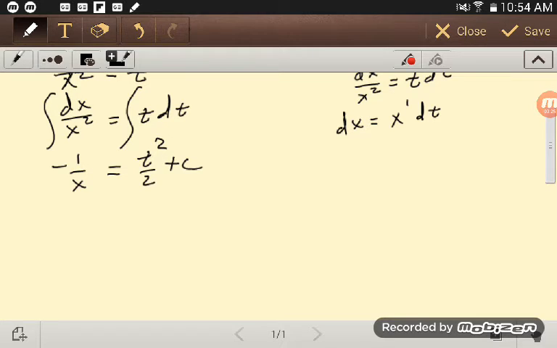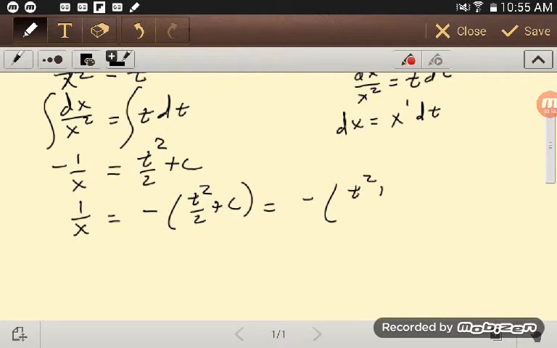So now what I want to do is try to solve for x. Well, the first part is I can move the negative, so I have 1 over x is minus this t squared over 2 plus c. And that, I guess I could write as minus t squared plus 2c over 2.